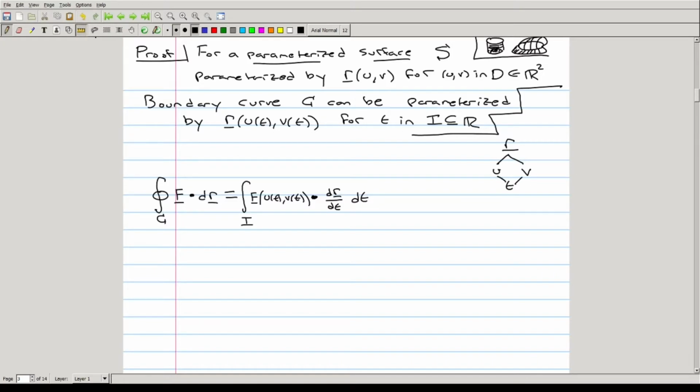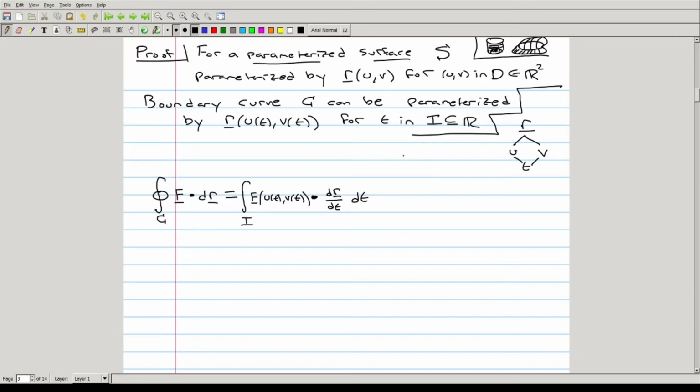So along our curve, u depends on t and v depends on t. We've connected the fact that we have a surface r of u, v, and the boundary curve can be parameterized by choosing the correct u of t and v of t.